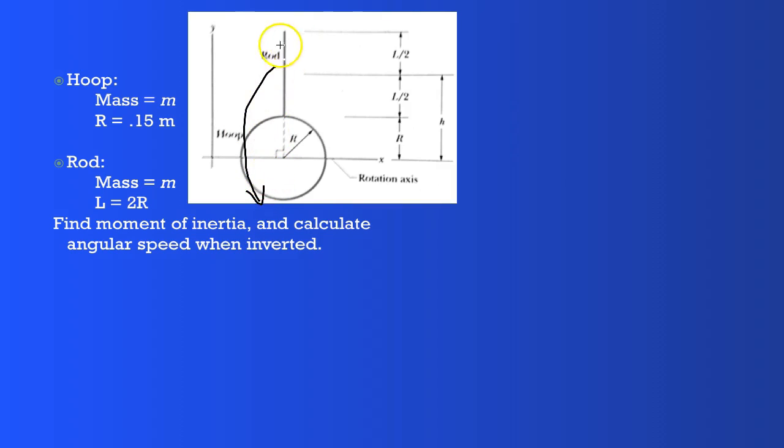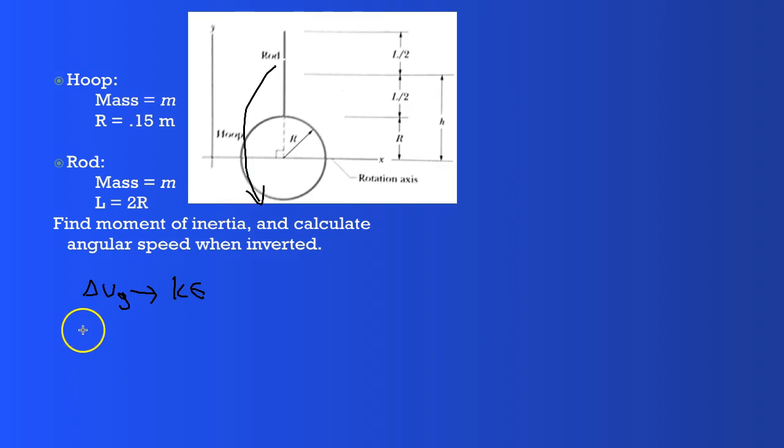And the way that we can do this is by focusing on energy. So when it falls downward, we're going to have a change in potential energy, and that change in potential energy will cause an increase in kinetic energy. So we'll do this calculation and figure out what our angular velocity would be when it falls downward.